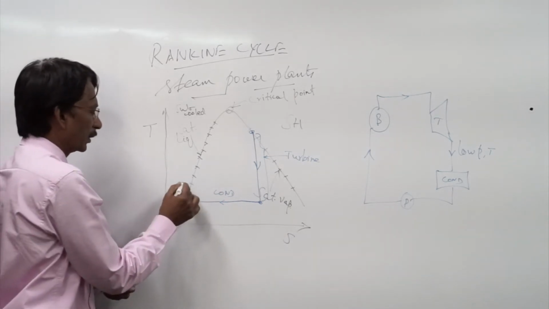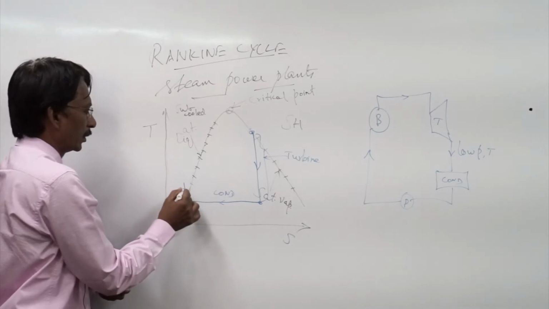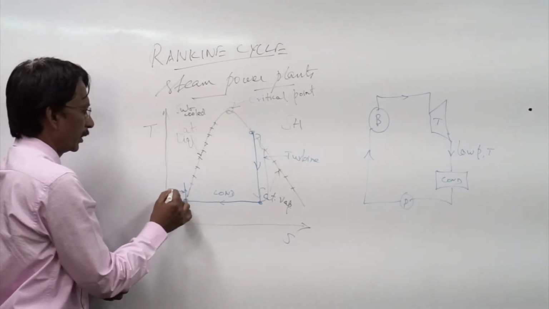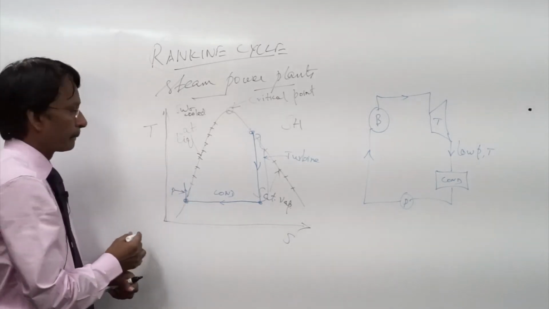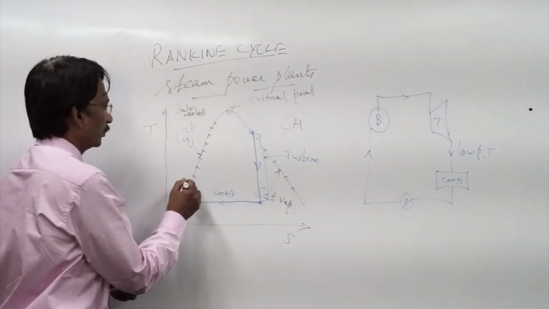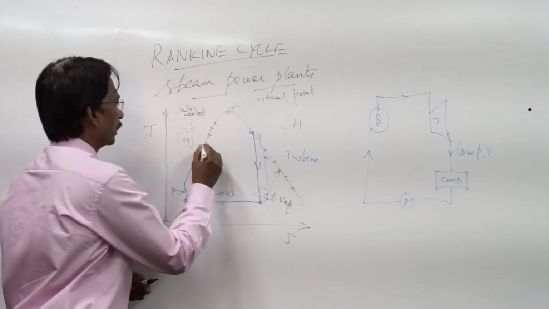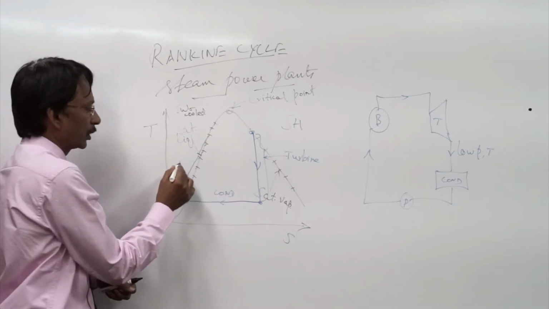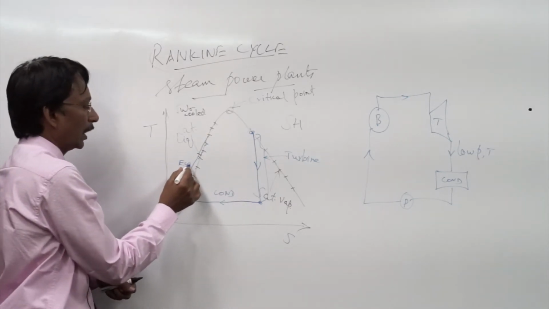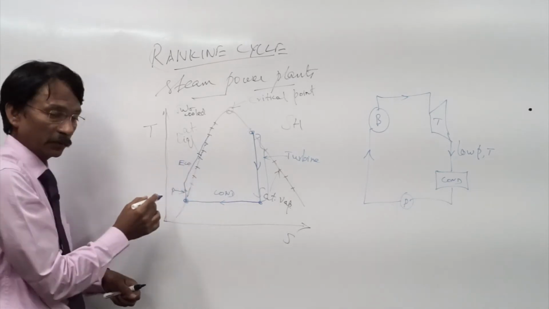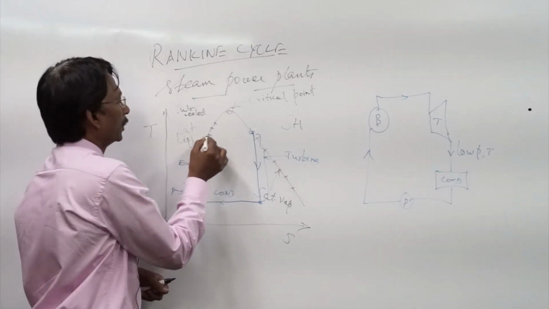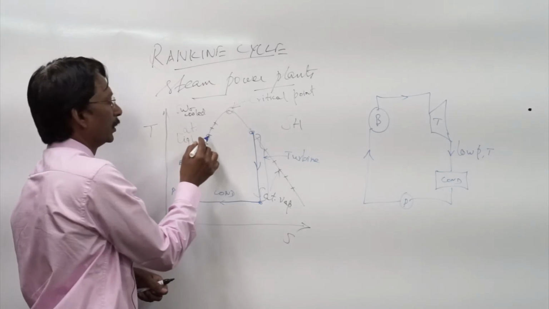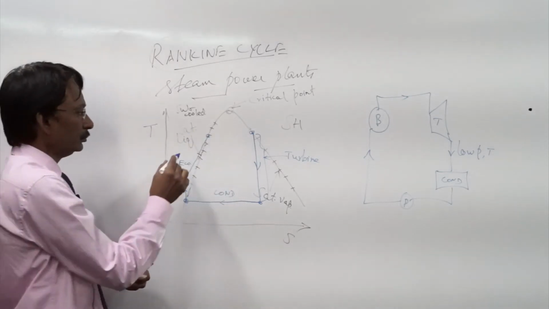Now during pumping, there is a slight increase in temperature. This is pump, and I have a boiler accessory. I'll come to this later, which I'm going to call the economizer. I'll explain this later. And this is saturated liquid point.